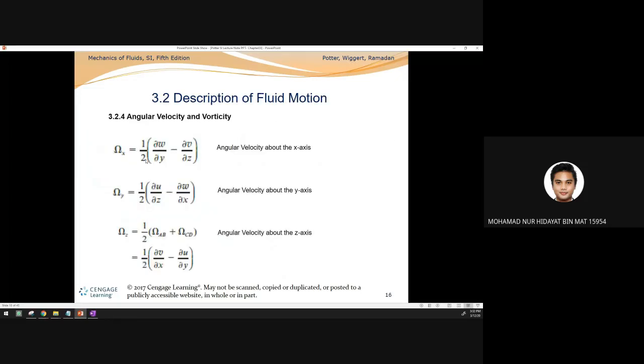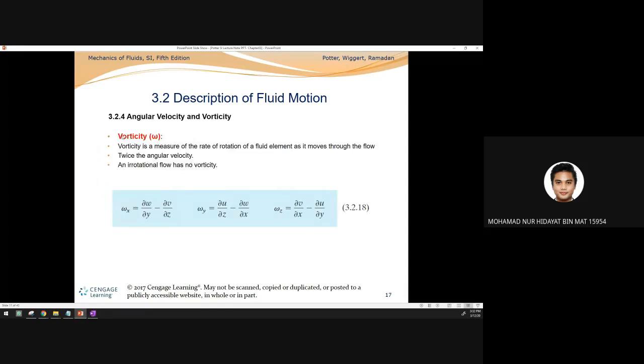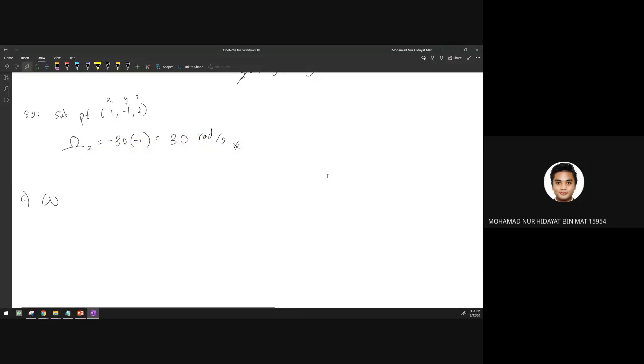Okay, this is angular velocity. This is the definition of vorticity. Vorticity measures the rate of rotation of a fluid element as it moves. Remember the second term, twice. That means 2 times the angular velocity. So our angular velocity previously is omega z.